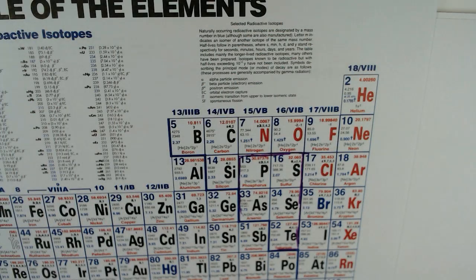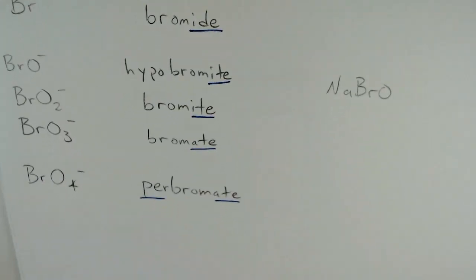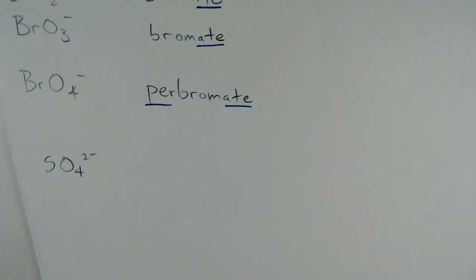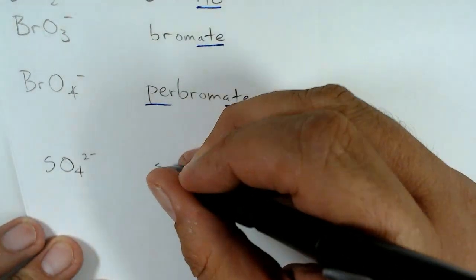Thankfully, also, you're not going to see the whole variety of these. So, for example, you're going to have sulfate. Do you guys remember the formula for sulfate offhand? SO4, and then what was the charge? It's a 2 minus. So SO4 2 minus, that is your sulfate.